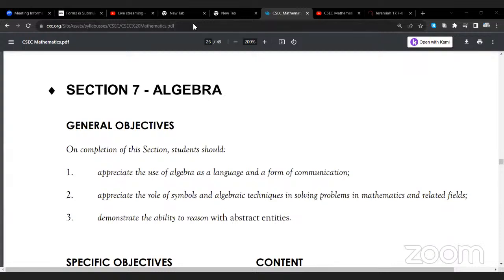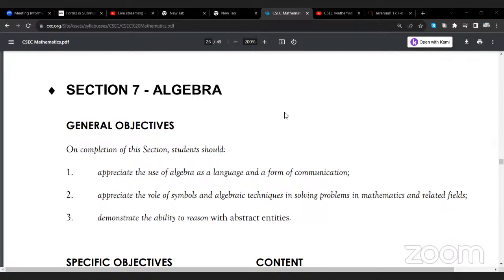All right, so in algebra, according to the syllabus, you must appreciate the use of algebra as a language. Algebra is like a language and a form of communication. So whenever you think of algebra, think of it as a language and as a form of communication.